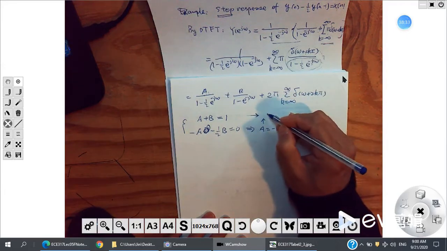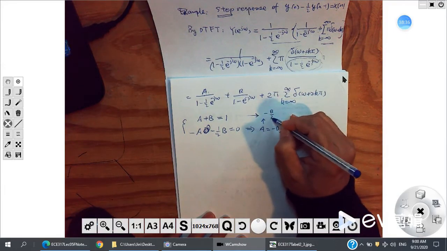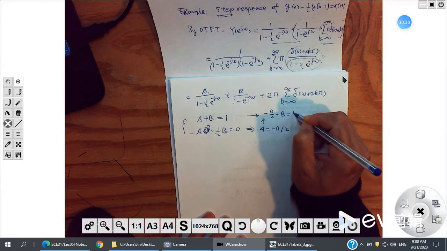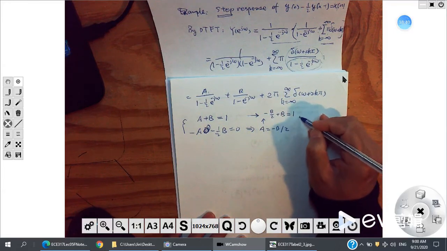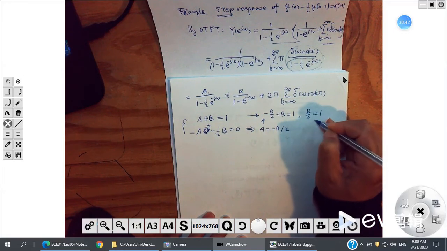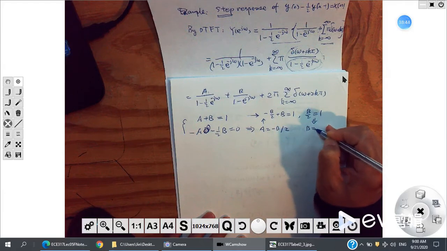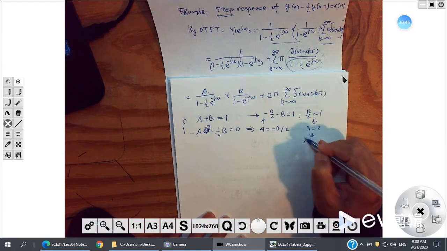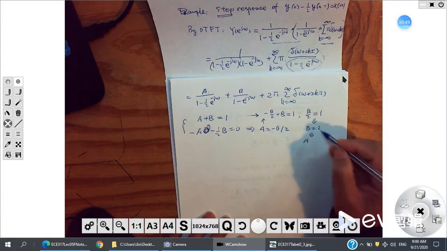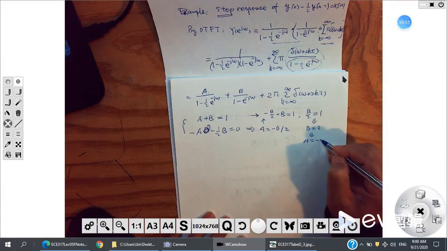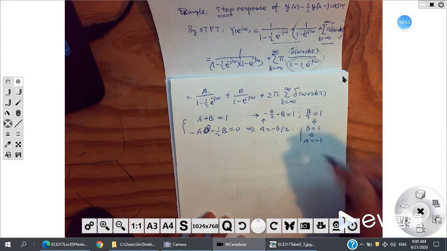We have negative b over 2 plus b equal to 1. So half b equal to 1. So b is 2. And then a is negative b over 2, right? Negative b over 2. Alright, so we have a and b.